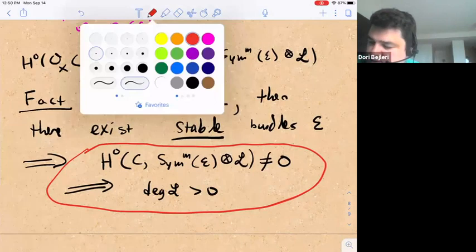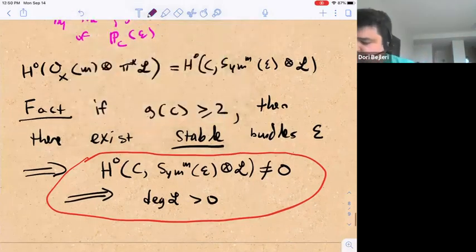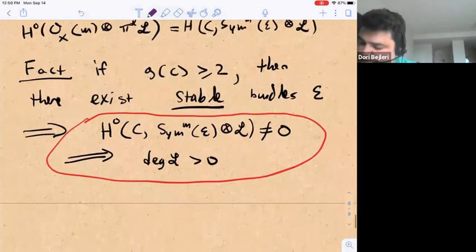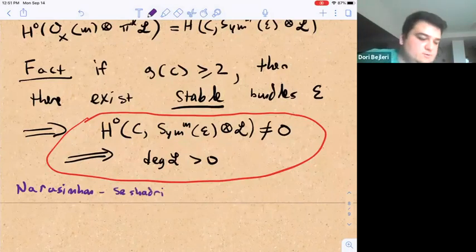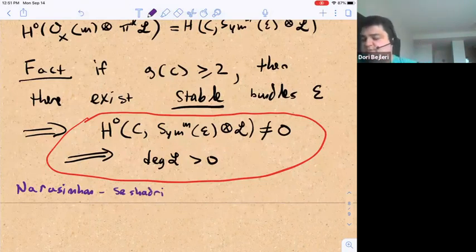And so the way you produce these bundles is by the Narasimhan-Seshadri correspondence. There's a correspondence between stable bundles and certain representations of the fundamental group of your surface.